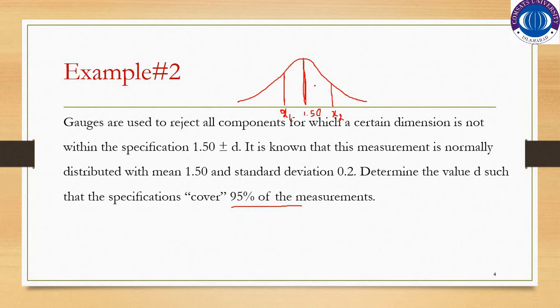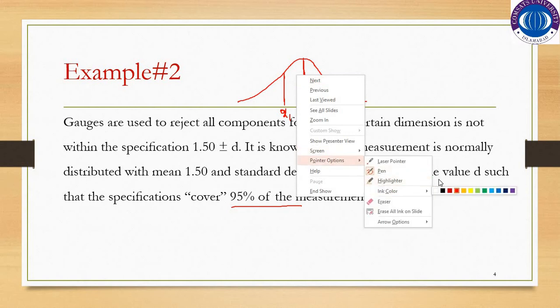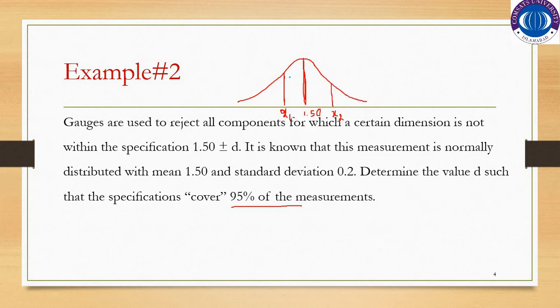So it means this area is 95%, or you can say this is 0.95 probability. So this is the total probability between these 2 points, or you can say this is the area between x1 and x2. So you have to find this value d, which is still unknown.